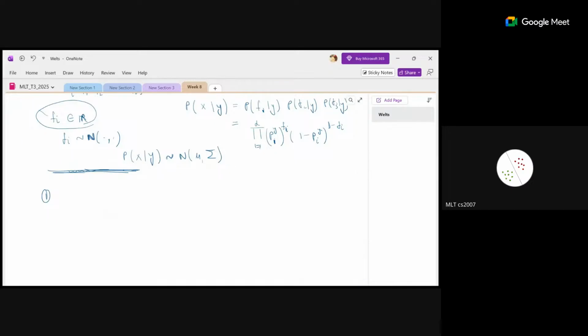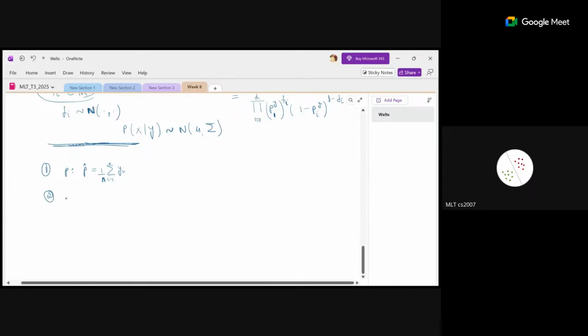The first estimate was for p, which we are denoting as p hat, and this is nothing but the sample, I mean, all the y's that you get, i varying from 1 to n, 1 by n.